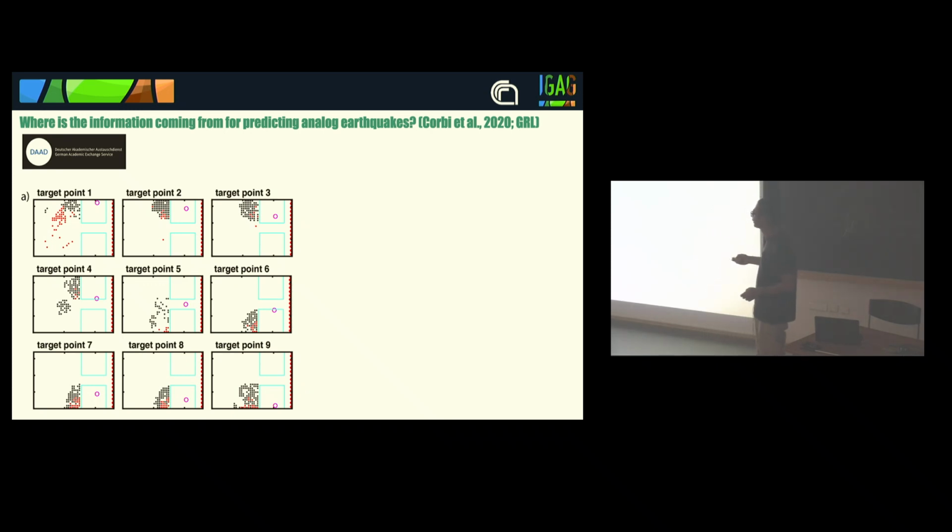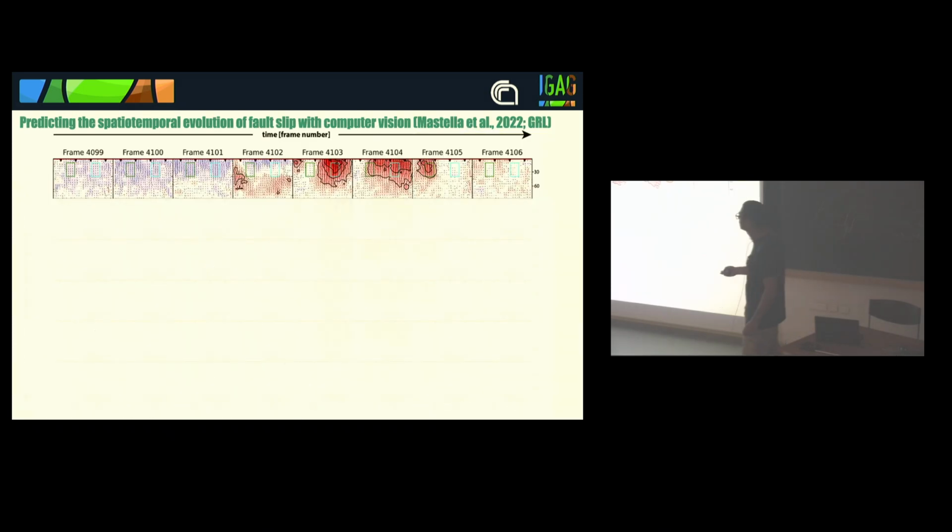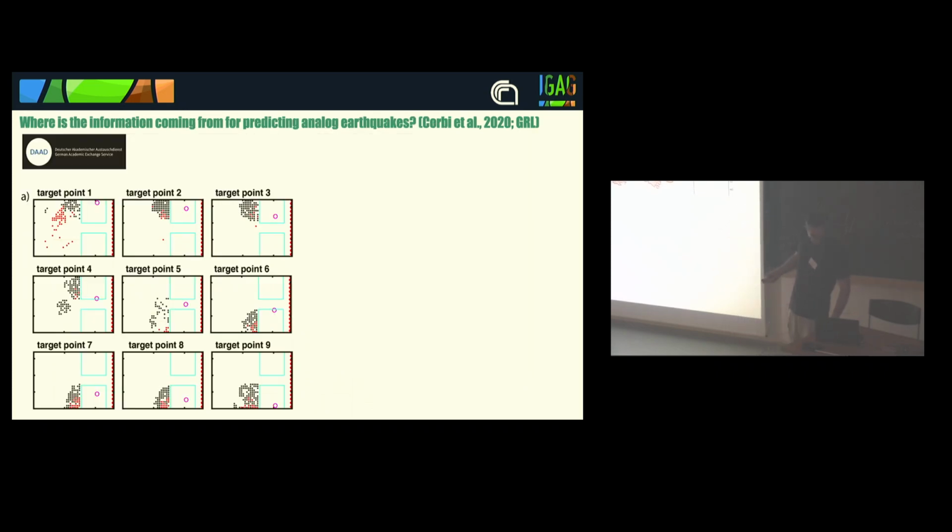This is done for the different purple target points that you see here, the same 9 target points. And if we take all this data together, we get this.